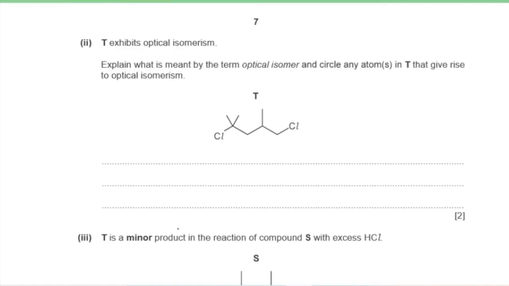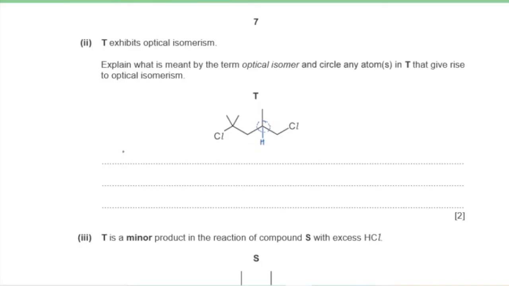Part 2, T exhibits optical isomerism. Explain what is meant by the term optical isomer and circle any atom in T that gives rise to optical isomerism. So it's this carbon atom that exhibits this property, because this carbon atom is attached to 4 different atoms or groups of atoms. This has a hydrogen over here, a methyl group, and then there are these 2 different branches.